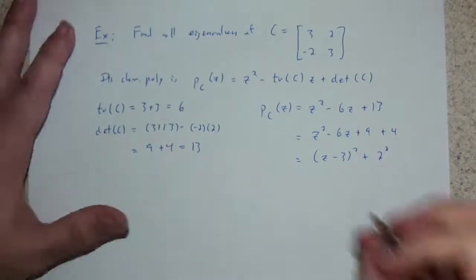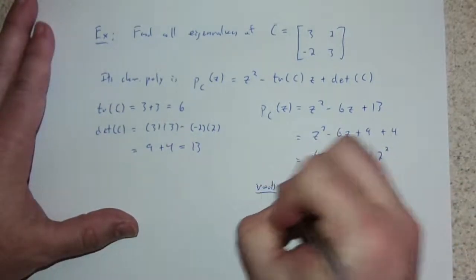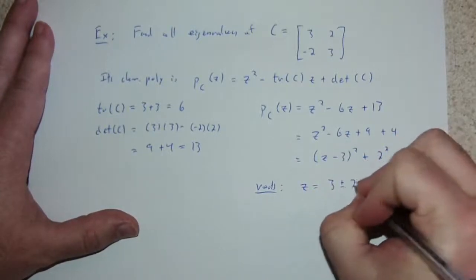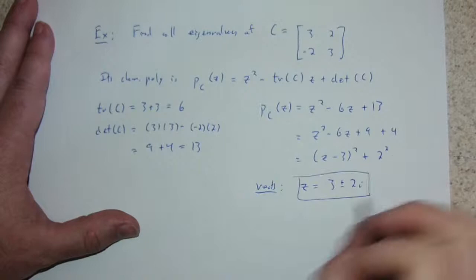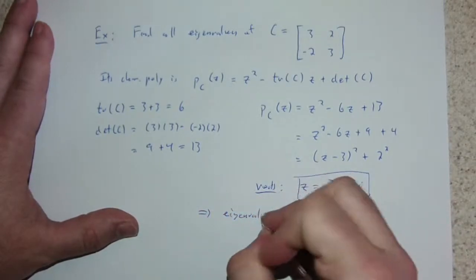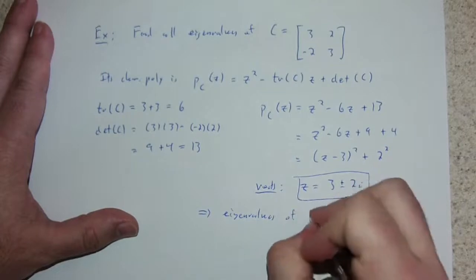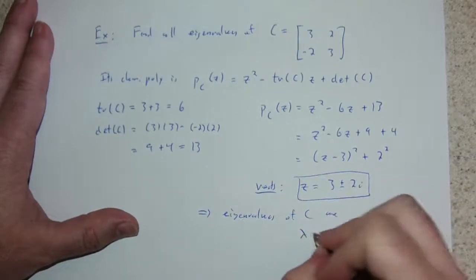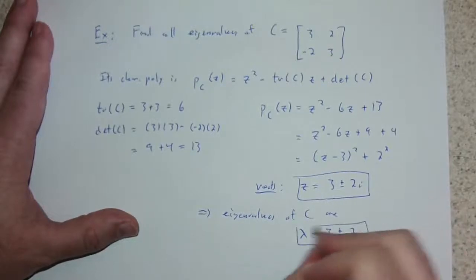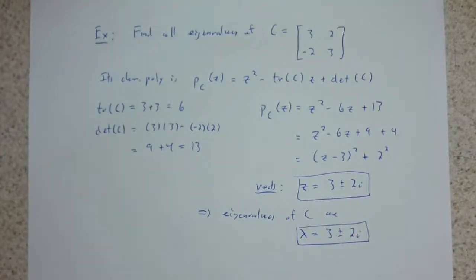So solving for roots here, the roots are z equals 3 plus or minus 2i. Thus, the eigenvalues of C are lambda equals 3 plus or minus 2i. So it has two distinct eigenvalues, 3 plus 2i and 3 minus 2i.